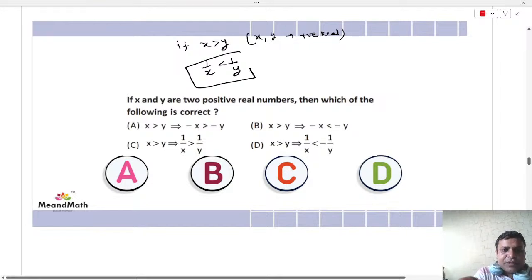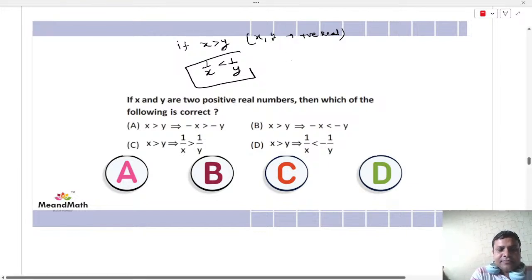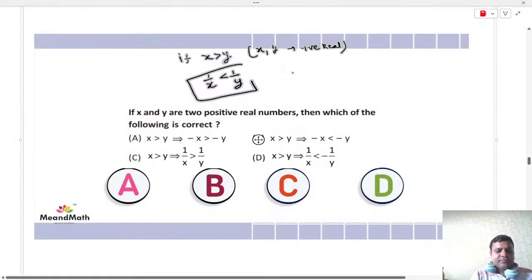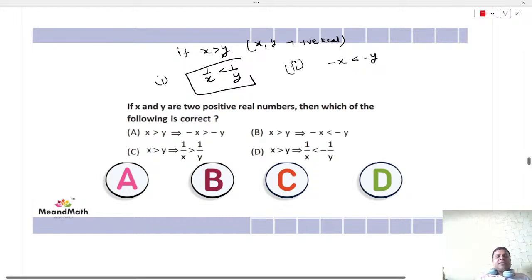When you take the reciprocal, the inequality sign also changes. And the second rule is, if you multiply with the negative sign, the inequality sign also changes. So if x is greater than y, then 1 upon x is less than 1 upon y, and minus x is also less than minus y.